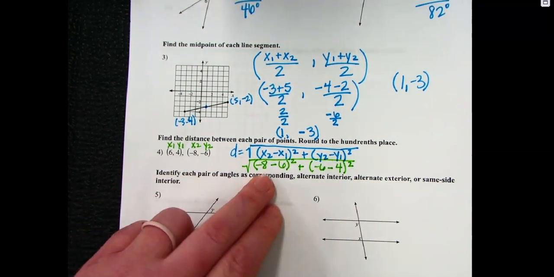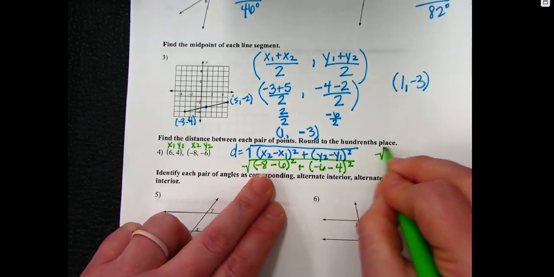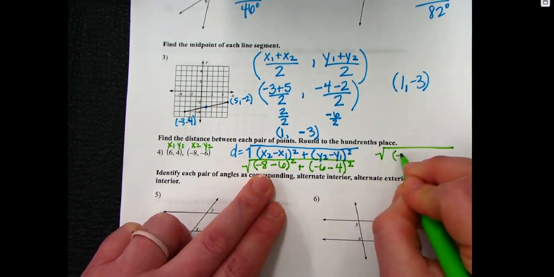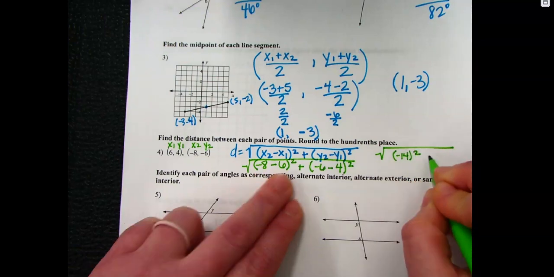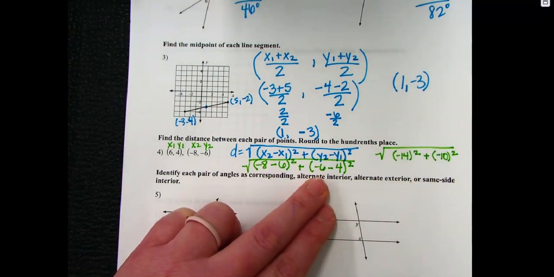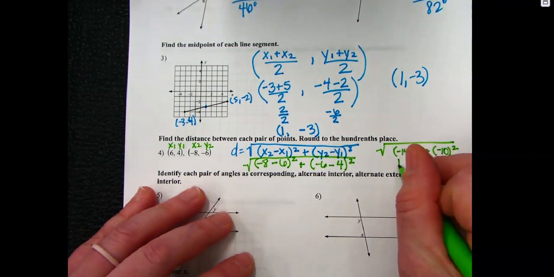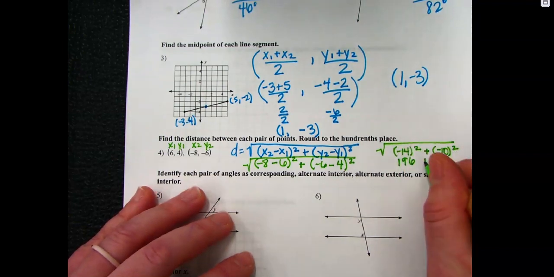Now, within this parentheses, negative 8 minus 16 gives me negative 14 squared, plus negative 10 squared. It's fine that it's negative. That's going to work itself out. 14, or negative 14 squared, either one, gives us 196. Negative 10 squared gives us 100.